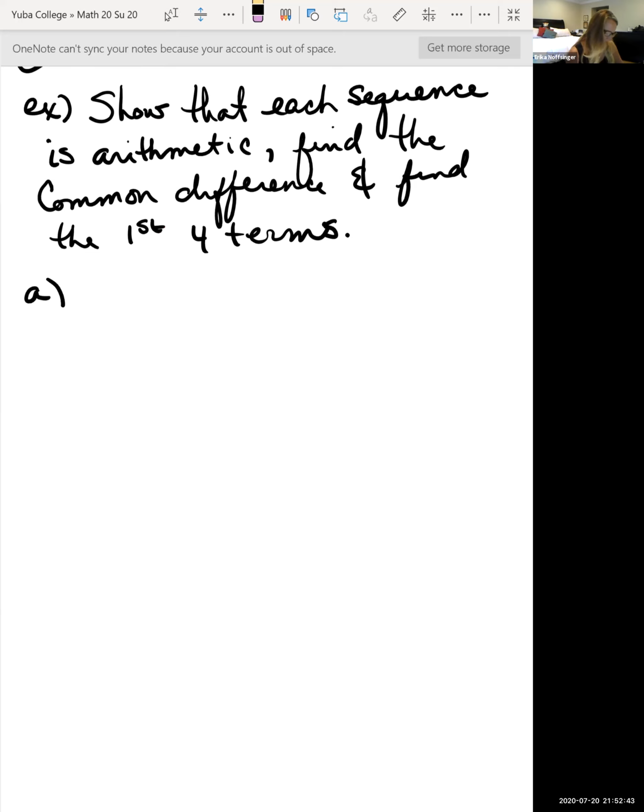Okay, so let's say we started with a sub n. That is a sequence, and that sequence is equal to 3n plus 1. So we want to show that this is an arithmetic sequence.